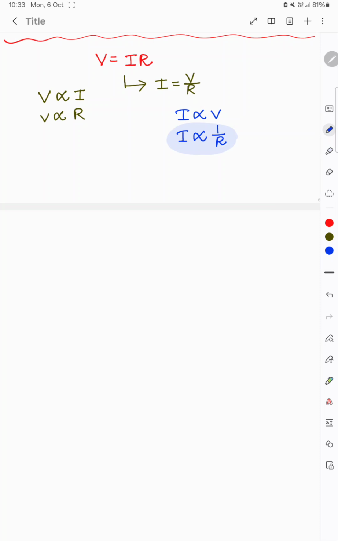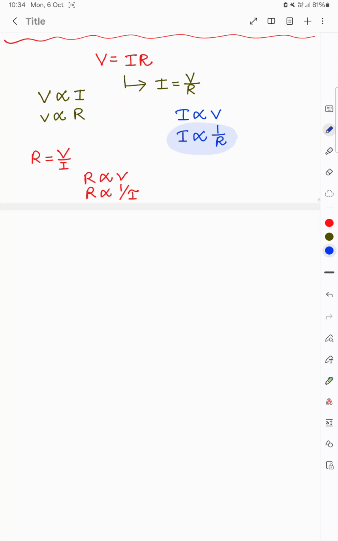And again, R equal to V by I. So the same thing, R is proportional to V, R is inversely proportional to I. So why am I writing all these same things again and again? Because the numericals will be coming from this particular part. How? Let me show.